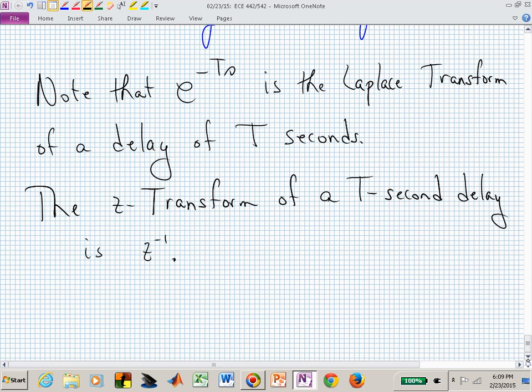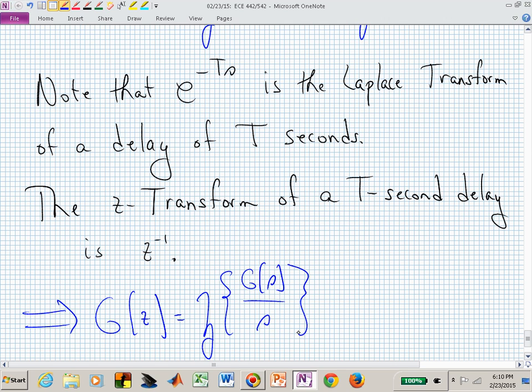We now can say that G of Z is this Z-transform of G of S over S, which just introduces another pole at the origin in G of S, minus Z to the minus 1 times the Z-transform of G of S over S.